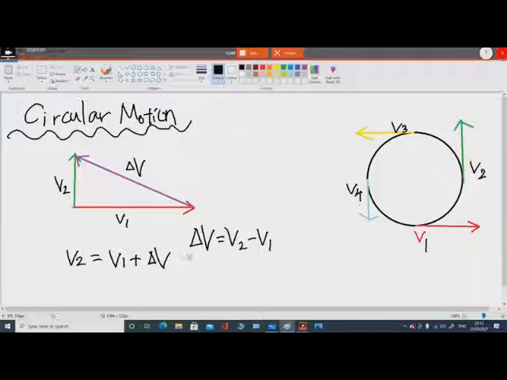So what if I present this vector diagram in this circular track? Okay, let me draw for a while. This is my V2. I drag this V2 to V1 here, so that they attach to each other. This one will be my change in velocity.